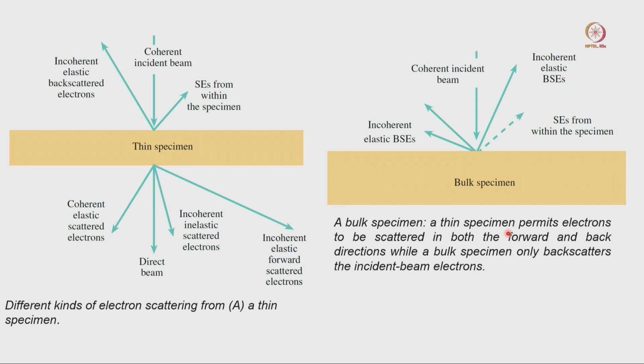So, here we are learning one most important point: if we want a transmitted electron beam, meaning a transmission electron microscope, we need a thin sample. If the sample thickness is very high, we cannot use a transmission electron microscope.